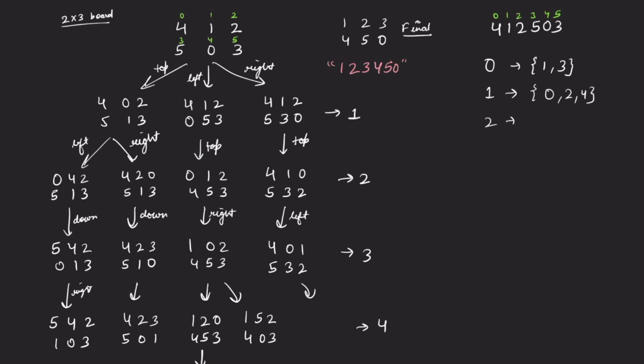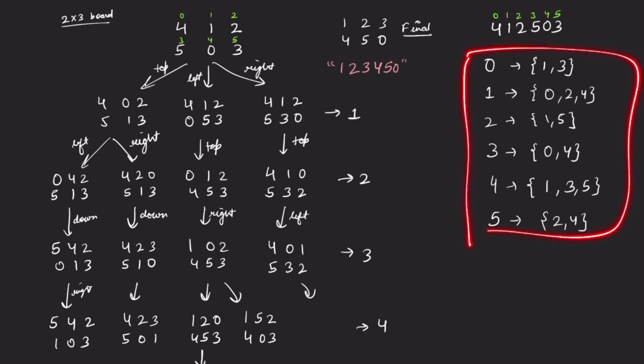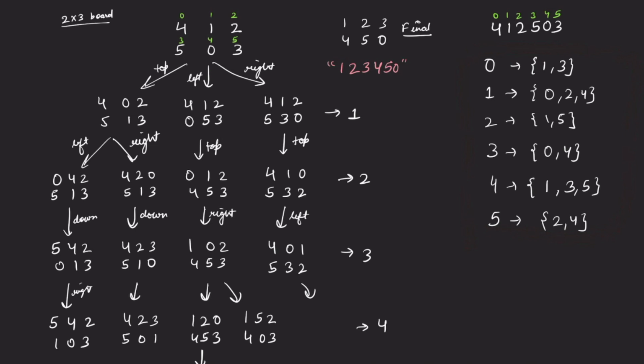Similarly, at 2, I can swap it with 1 and 5. At 3, I can swap it with 0 or 4. At 4, I can swap it with 1, 3 and 5. And at 5, I can swap it with 2 and 4, right? So this information you can store beforehand.